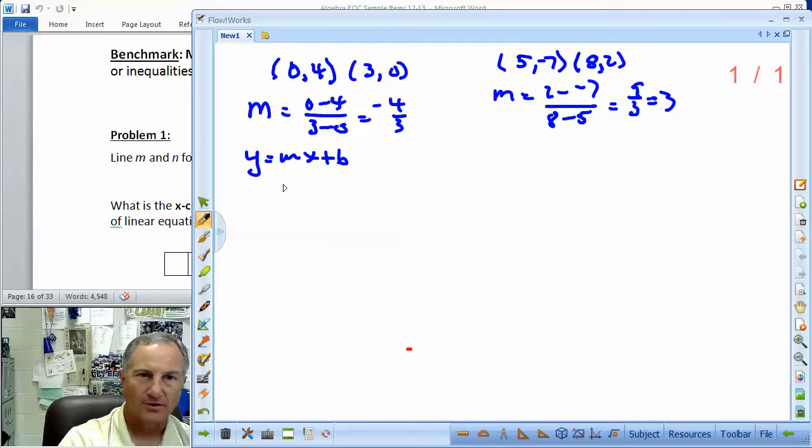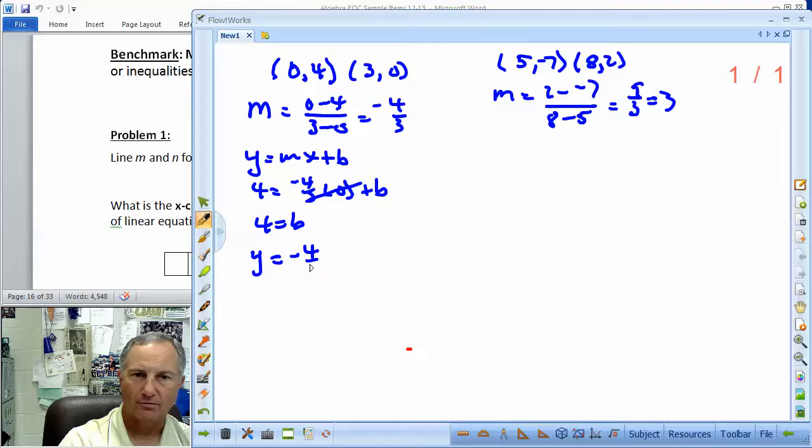For the first line, if I take the point (0, 4), I get 4 equals negative 4/3 times 0 plus b. That cancels out. 4 is my b. So y equals negative 4/3 x plus 4. That's the equation of that line.